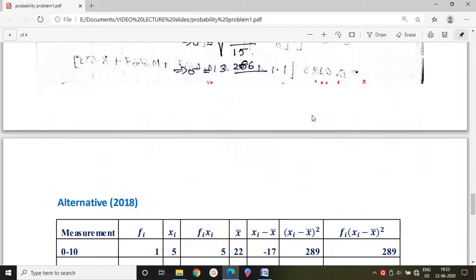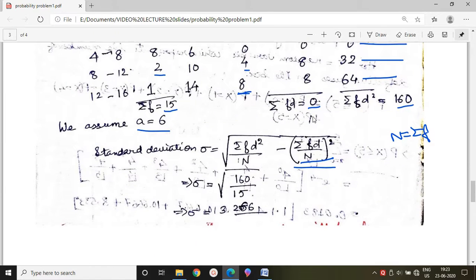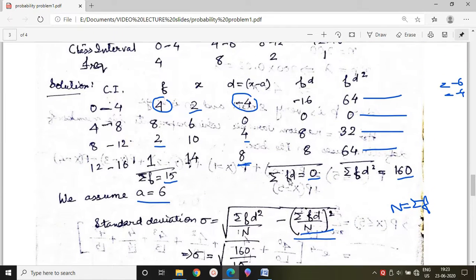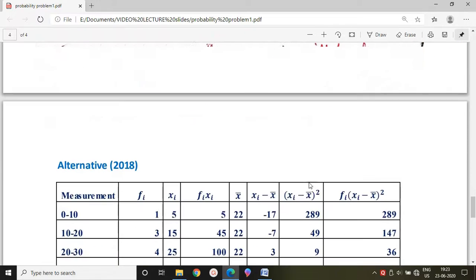Another problem, a recent problem. This I intentionally did not do using the previous formula, that is the sum over fd shortcut formula by assumed mean. Let us try to do it directly.